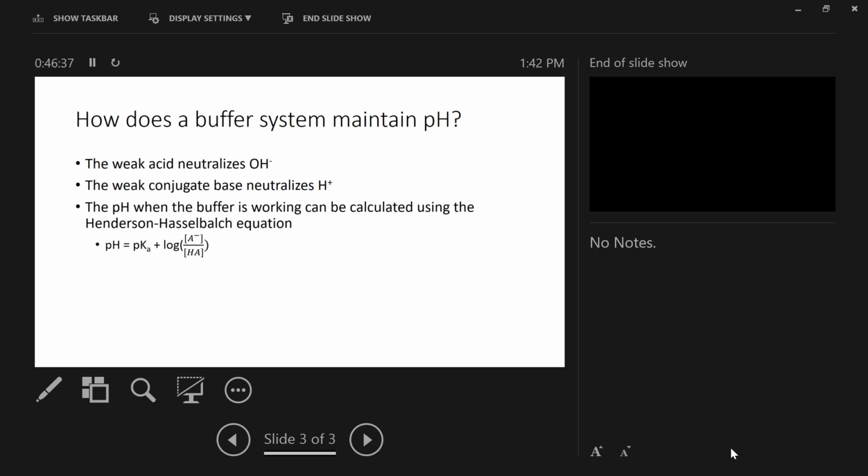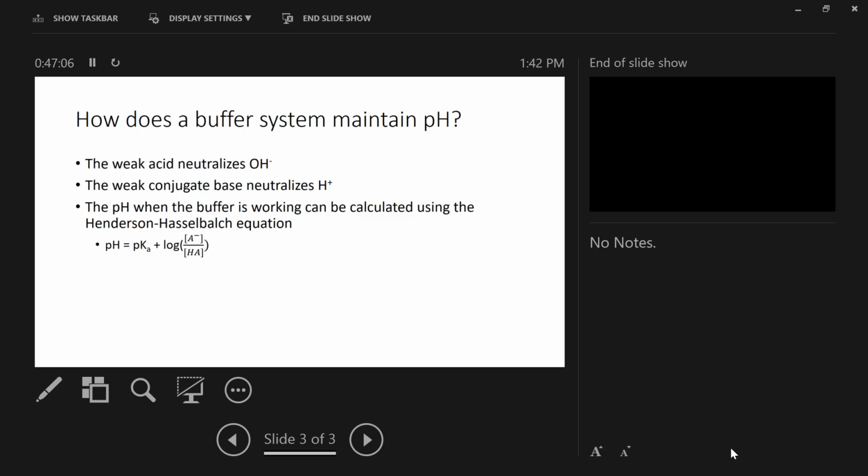So our hydrogen ion concentration is 1.0 times 10 to the minus 14 divided by our hydroxide ion concentration. In that one, what is your hydroxide ion concentration? Minus 4. So our hydrogen ion concentration equals 1.0 times 10 to the minus 14 divided by 1.0 times 10 to the minus 4.